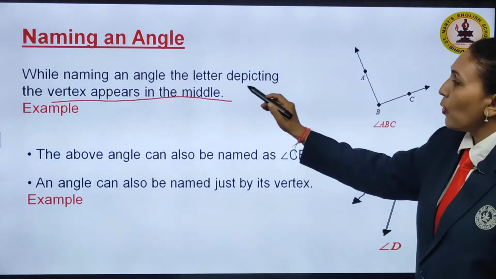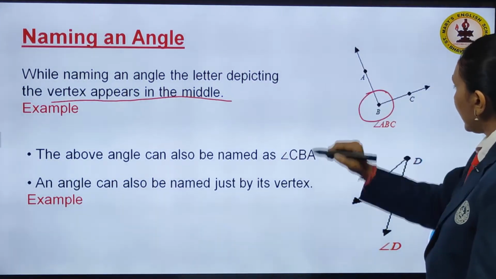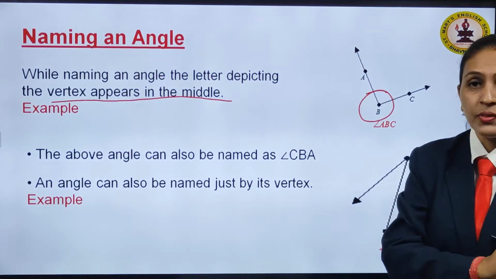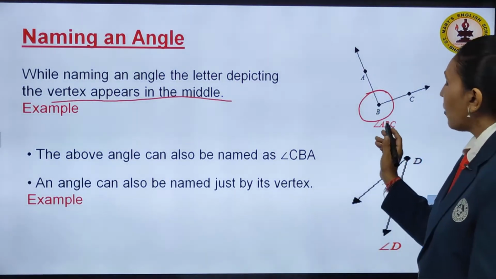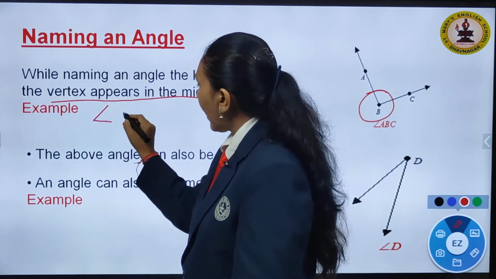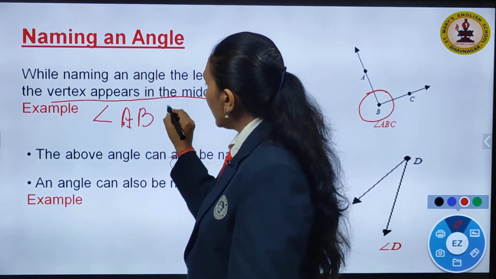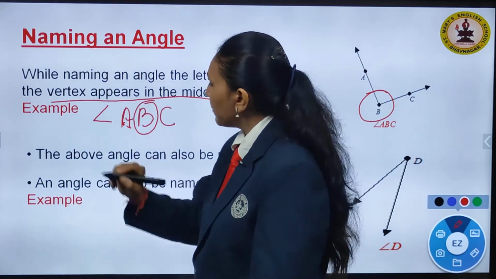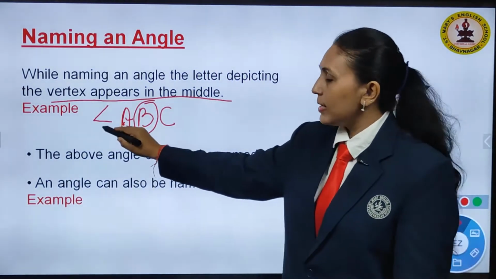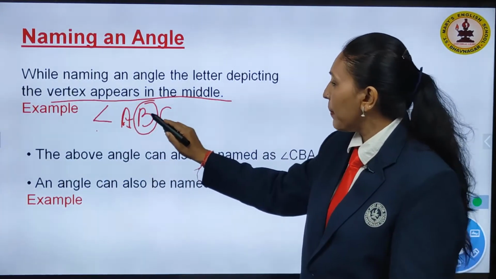Now the vertex will always come in the middle letter, that is B. B is the vertex of this given angle. That means how do we write it? This is the symbolical form of angle, angle ABC. The vertex will always be in the center. So remember the symbolical form of angle, and we name the given angle as angle ABC.